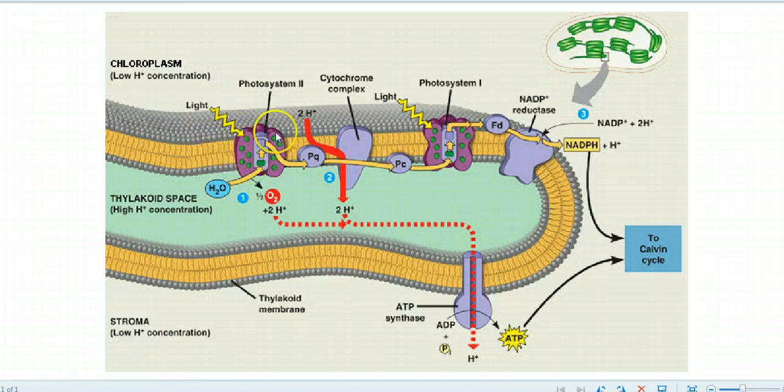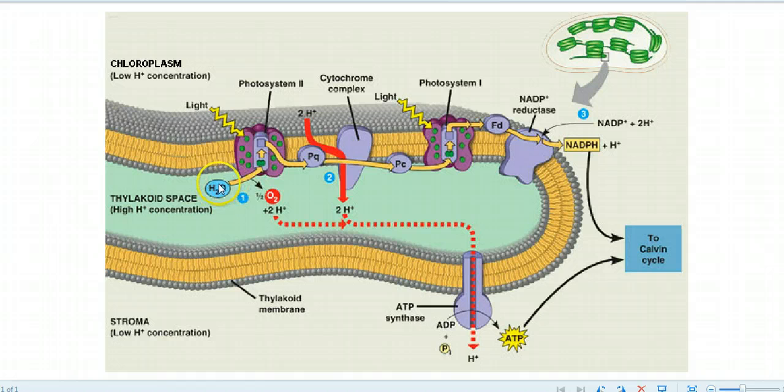So all of these accessory pigments attract or absorb the light energy from the sun and transfer all of that energy to the photosystem. And this photosystem has an electron on it, and the energy is transferred into that electron, which gives it a boost, gives it a bunch of energy so that it can go down an electron transport chain. Where did that electron come from?